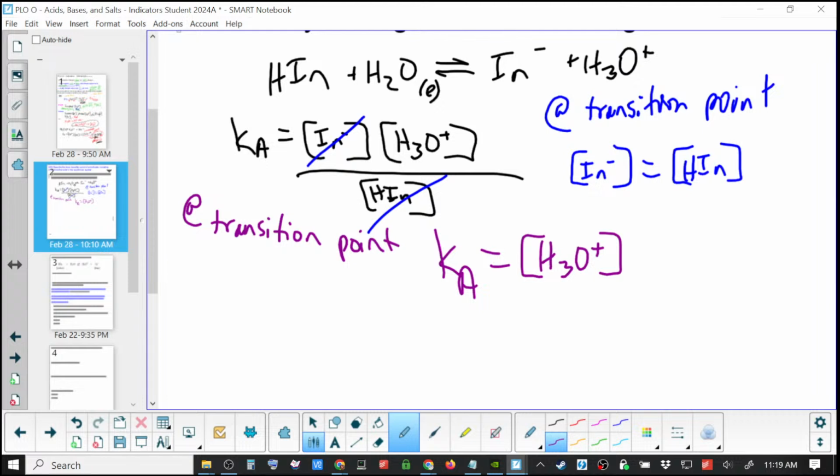Or another way of saying that, if I say pKa, what does that mean I did to the Ka? How did I calculate that? Negative log. So if I take the negative log of the Ka on both sides and do the same mathematical operation, the pKa is equal to the pH.